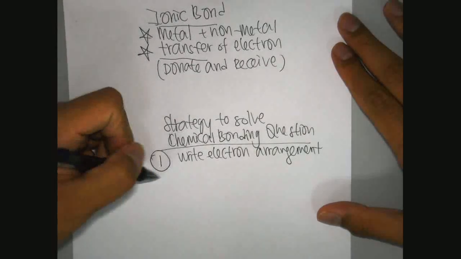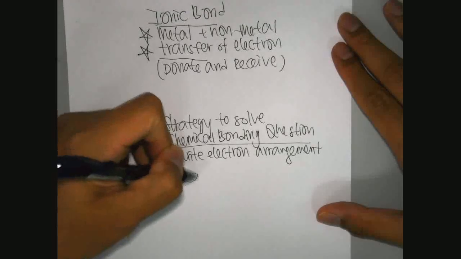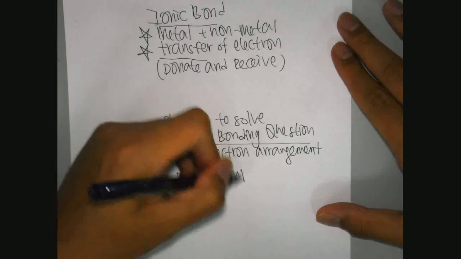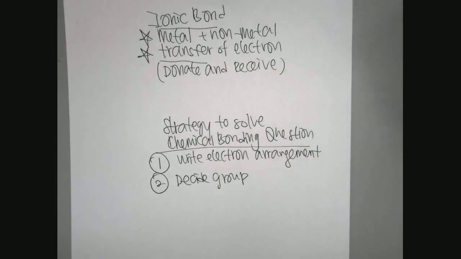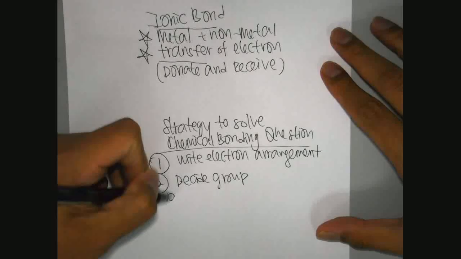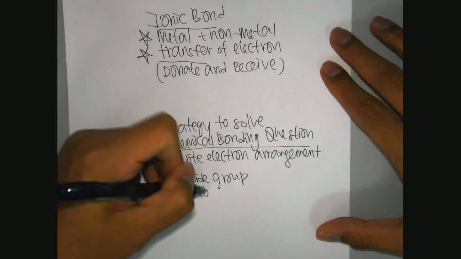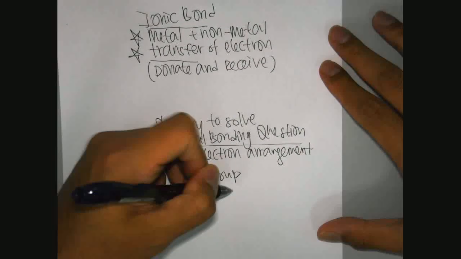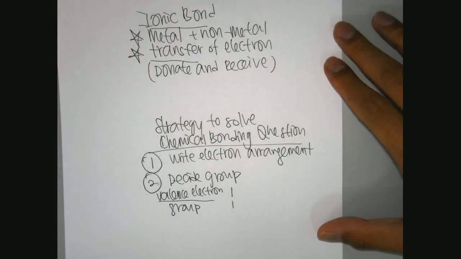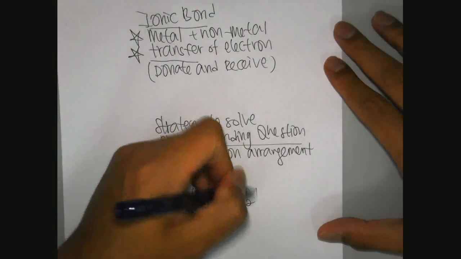From the electron arrangement we can decide the group, because this is something you learned in your Chapter 4 periodic table. Please remember the number of valence electrons decides the group number. If we have 1 valence electron it is group 1, 2 valence electrons is group 2.